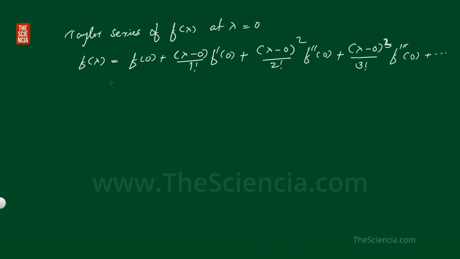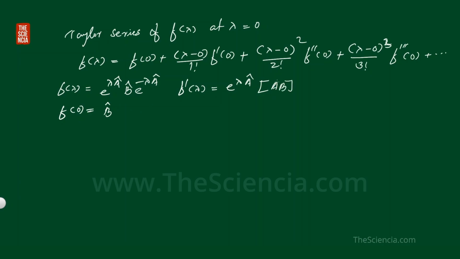See, here we know f of lambda is e raised to lambda a, b, e raised to minus lambda a. So we can find out the value of f of 0; we have to substitute 0 for lambda. So e raised to 0 is 1, so we will get b. And earlier we found f dash is e raised to lambda a, commutator ab, e raised to minus lambda a.